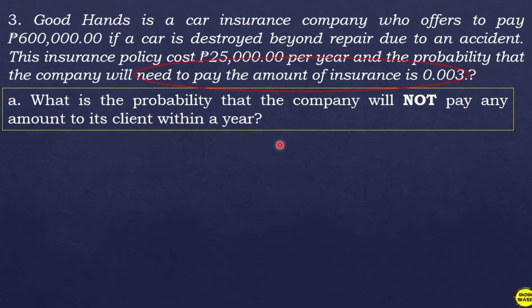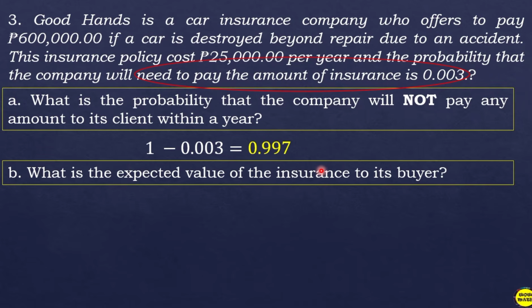So what is the corresponding probability that they will not pay within a year? Like I said earlier, the sum of the corresponding probabilities of a discrete random variable should always equal 1. Since we have 0.003, we subtract 0.003 from 1, so the answer is 0.997. This is the probability that the company will not pay any amount to its client within a year. 0.997. Okay.